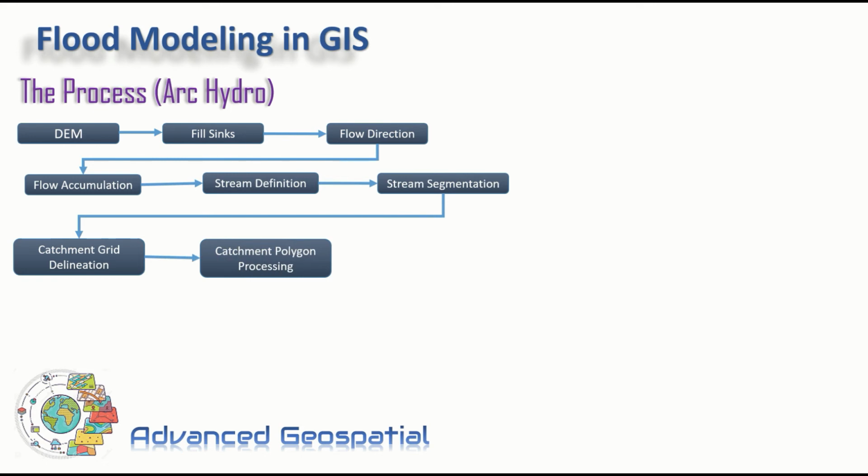We can generate these from grids. We can convert it to polygon, and then we can do drainage line processing. We can convert the streams that we have calculated in the previous step into vector lines.